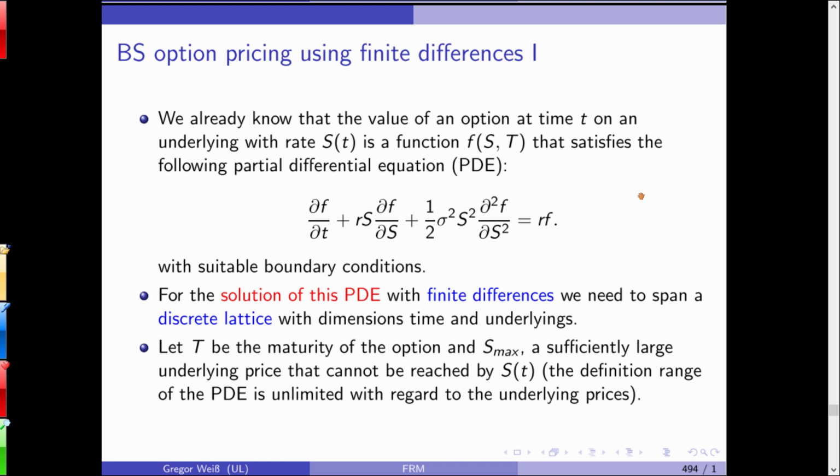And you can see those Greeks, the option theta, the option delta, and the option gamma, and you substitute those by finite differences. And let T again be the maturity of the option, S max be a sufficiently large underlying price that cannot be reached, so that's an upper limit to the stock price, just use 1,000 euros.